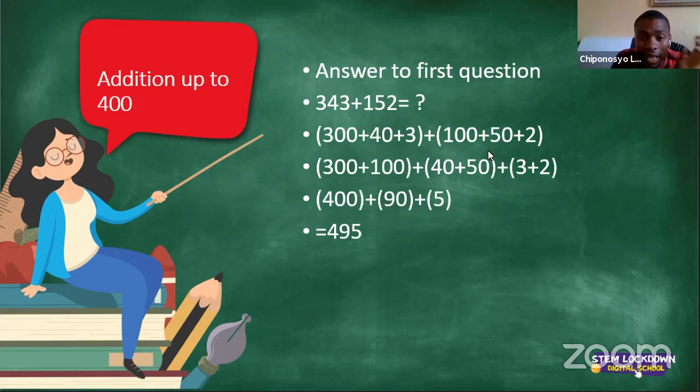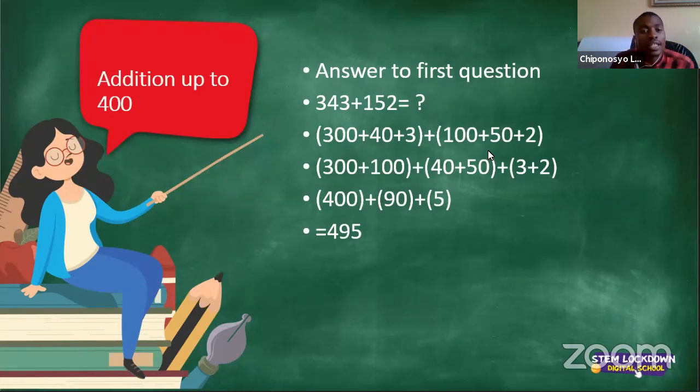Now it's 300 plus 100, because 300 is hundreds and 100 is hundreds. Now I add my tens together. It's 40 plus 50. Why? Because they are part of the tens family.